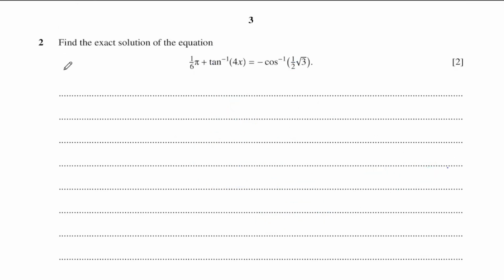For this next question, we just have to find the exact solution, so we need to find what x is in this case. So remember, because this is in pi, you should be smart enough to change your calculator to radian.